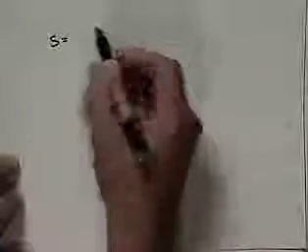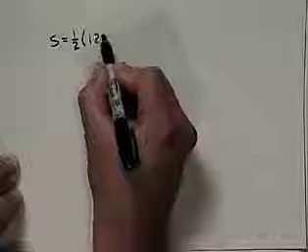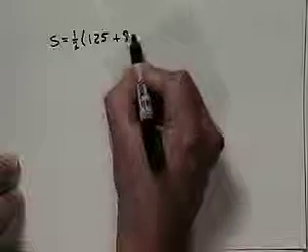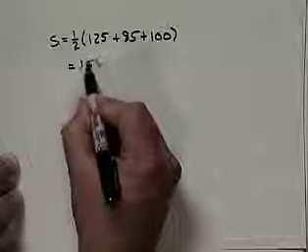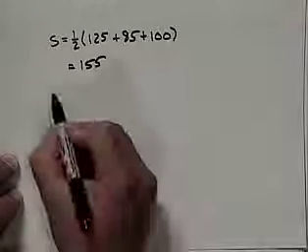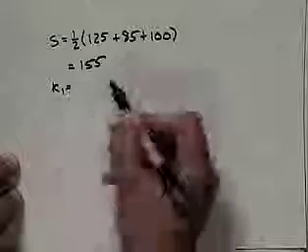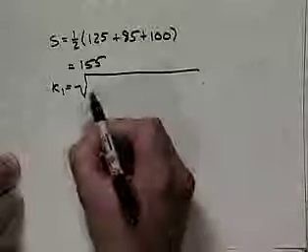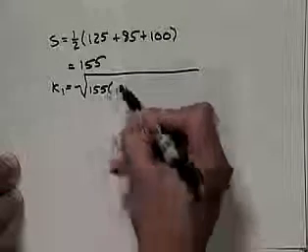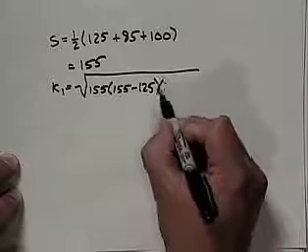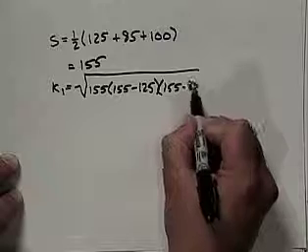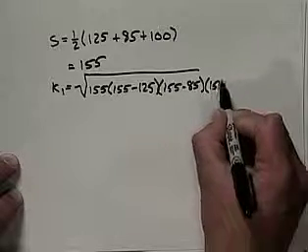The first thing we have to do is to find S. And so for the first triangular region, S is equal to 1/2 times the quantity 125 plus 85 plus 100. Simplifying this, we get 155. So using Heron's formula, the first area, K1, is equal to the square root of 155 times 155 minus 125 times 155 minus 85 times 155 minus 100.